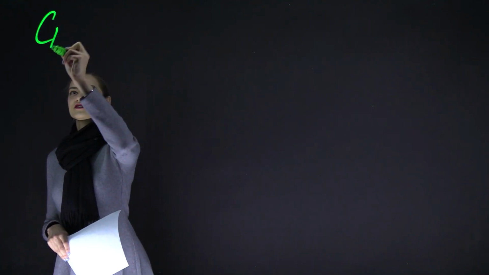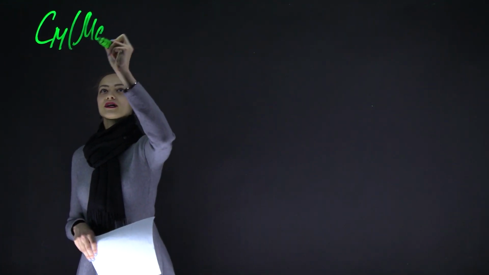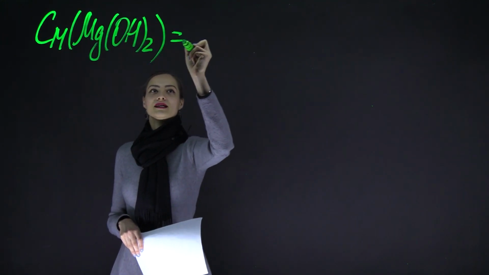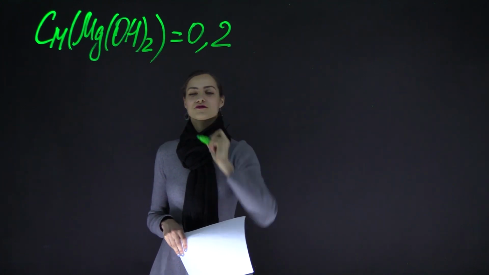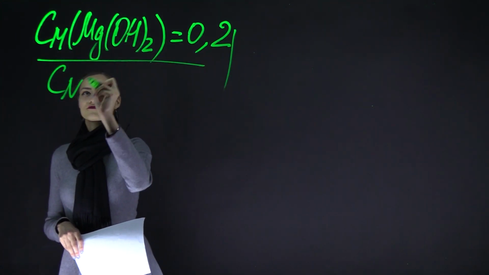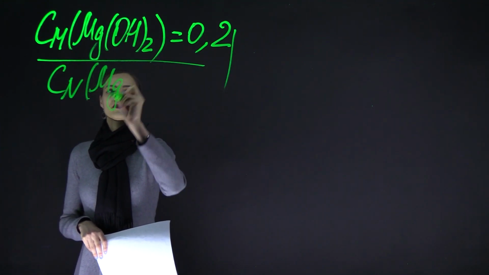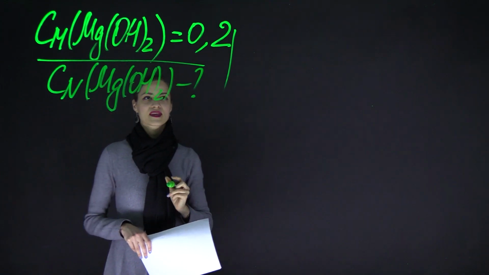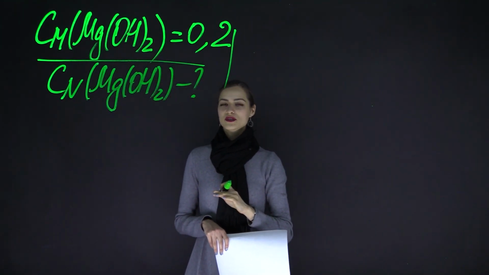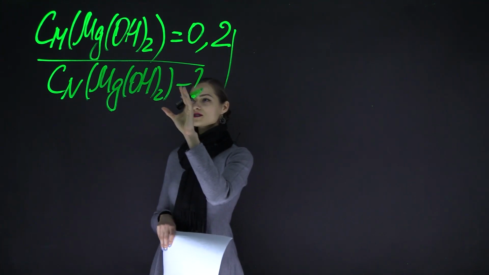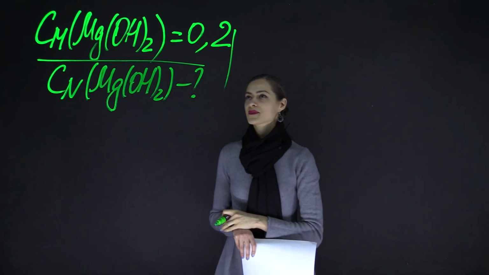In the next task we have the molar concentration of magnesium hydroxide, and it equals 0.2. Our task is to calculate the normal concentration of this solution. To determine normal concentration, first of all, we need to remind ourselves what molar concentration and normal concentration mean.